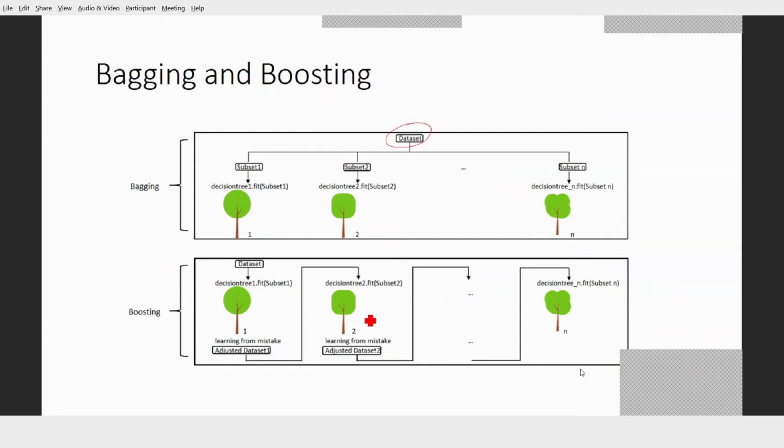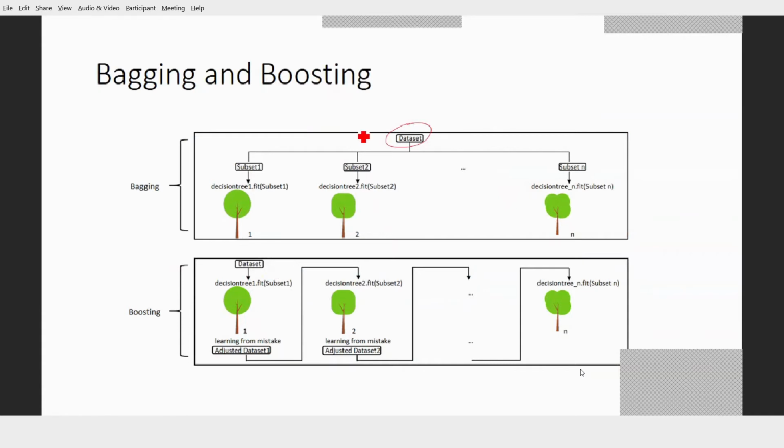In case of boosting, as you can see, it is a series, right? So the first model is trained, and initially the weight of every instance is the same. Later on, the weight of every instance is updated based on how good or bad this model is performing.